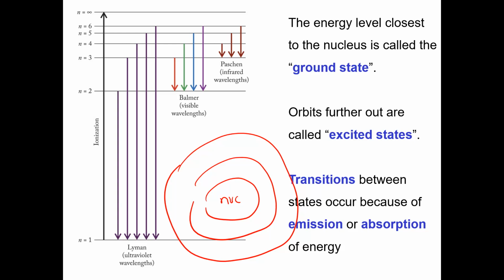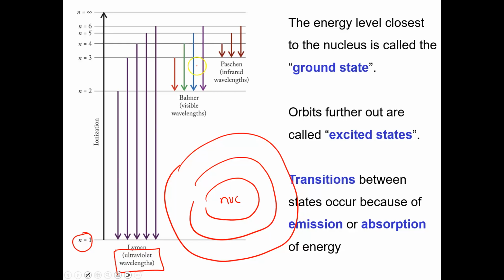So when an electron moves from a higher orbit further away from the nucleus all the way down to the n equals 1 state, this is when we see ultraviolet light being emitted. The n equals 1 orbit is the one that is closest to the nucleus. So any transition from a higher orbit to n equals 1 results in emission of ultraviolet light.